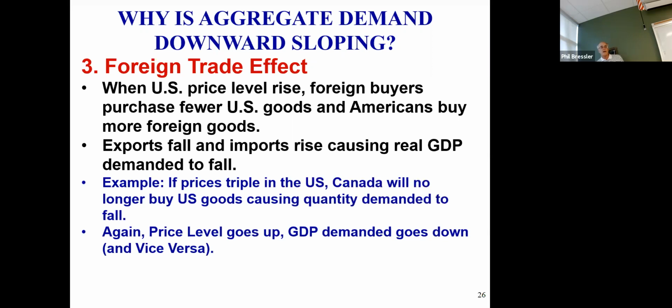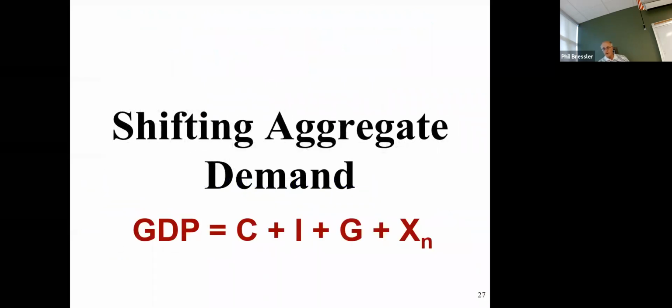Again, three reasons: the real balance wealth effect, about purchasing power; the interest rate effect, when interest rates go up, business investment and consumption go down; and the foreign trade effect, when price levels go up, people don't want to buy our goods. Those are the three. Now, your shifters of aggregate demand: consumption, investment, government spending, net exports.